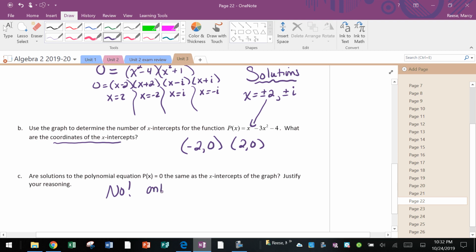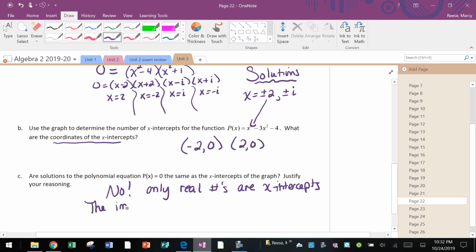So only real numbers are x-intercepts. Right? Only real numbers are x-intercepts.